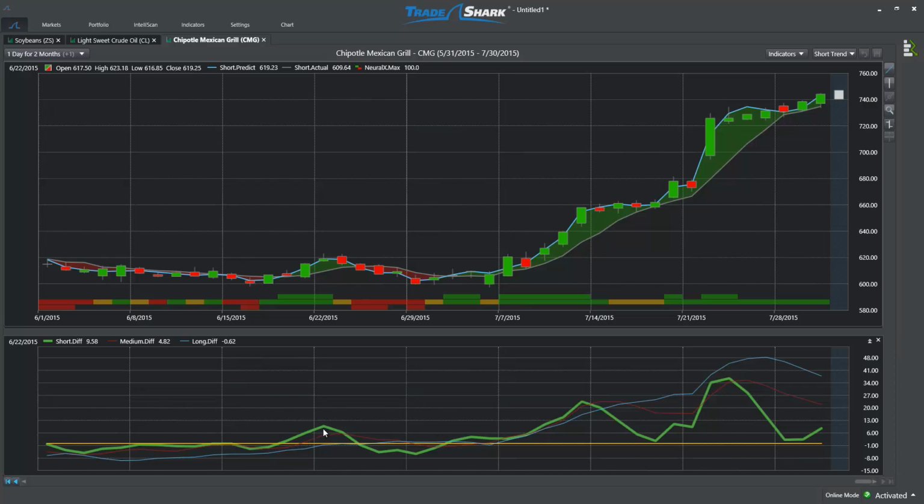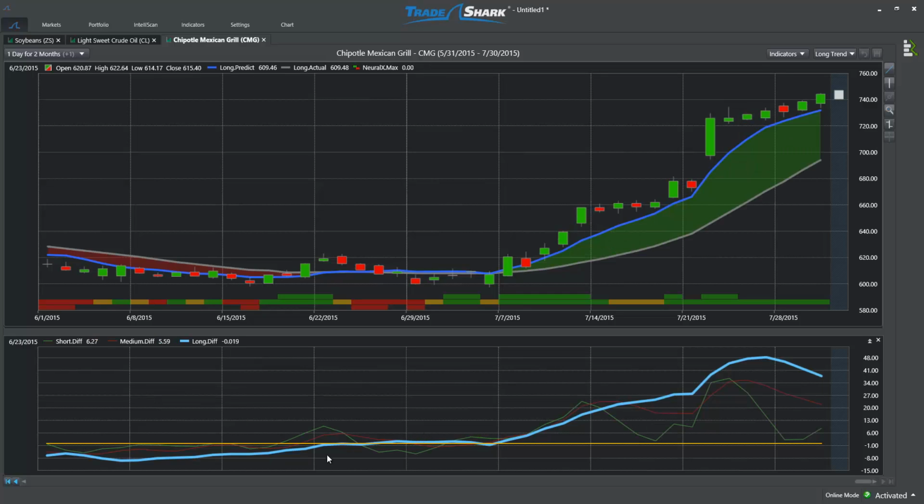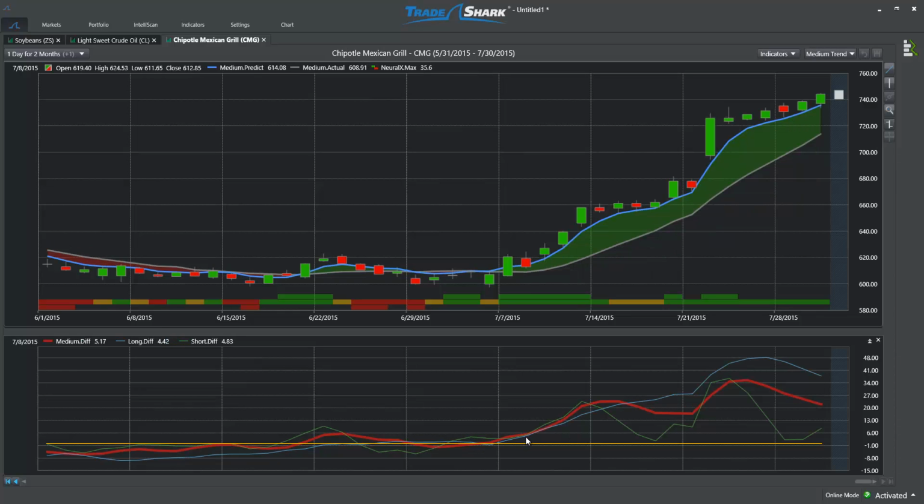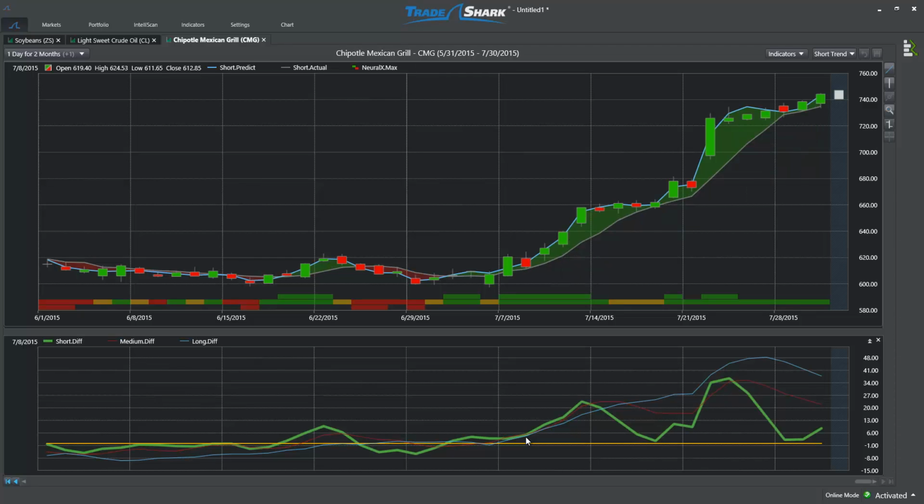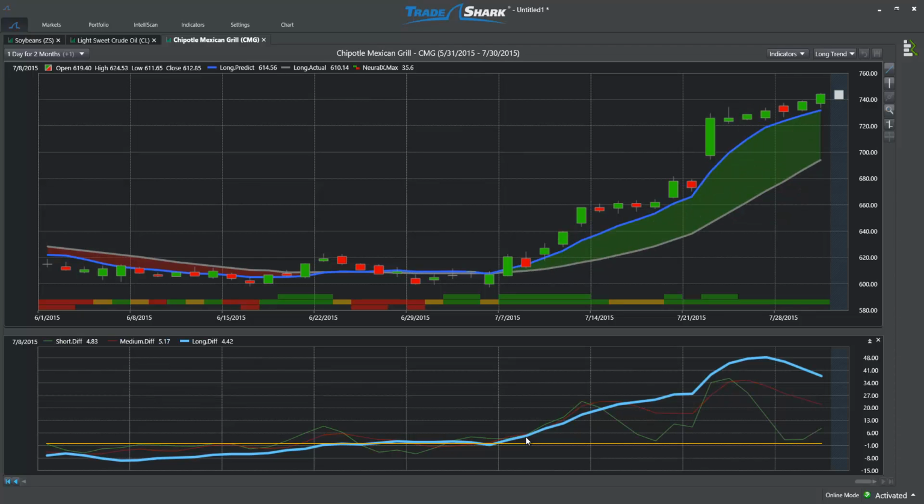The short term hugs the zero line and indicates the change in short-term trend direction. However, notice the longer and medium-term predictive differences becoming more and more bullish until eventually all differences point higher. Neural index confirms and the trend takes off.